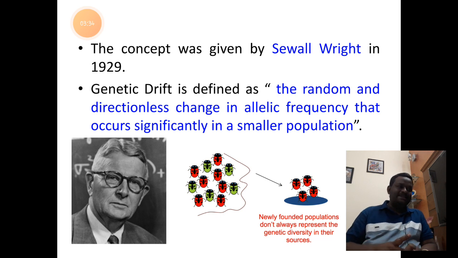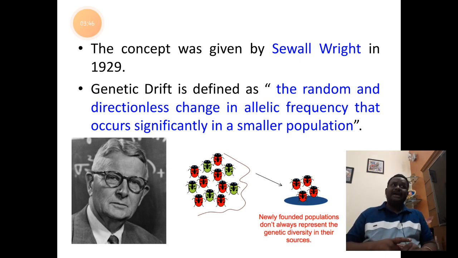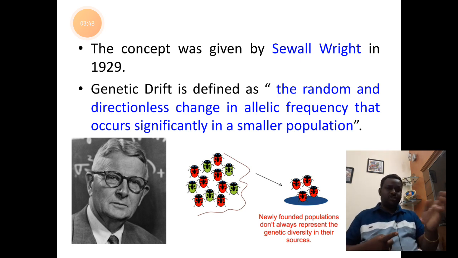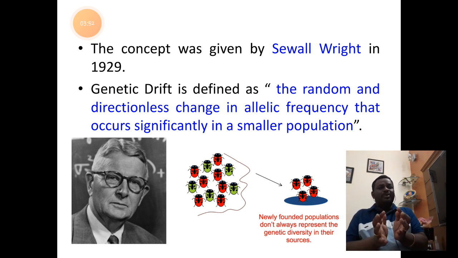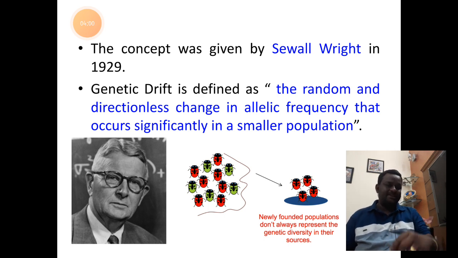Condition number one is natural disasters like earthquakes, volcanoes, cyclones, etc. Any natural disasters. Number two, migration. So when these forces act on a small population, the frequency of alleles will change. This we call it as genetic drift, and it was given by Sewall Wright.